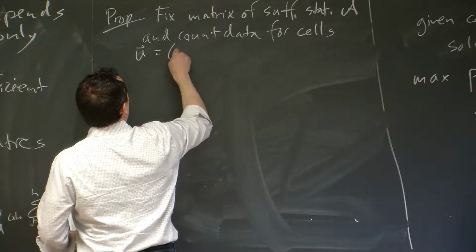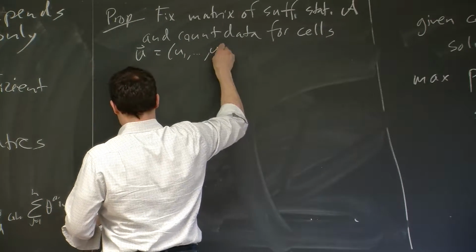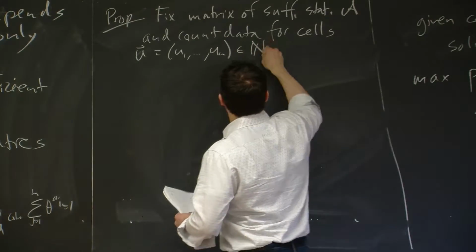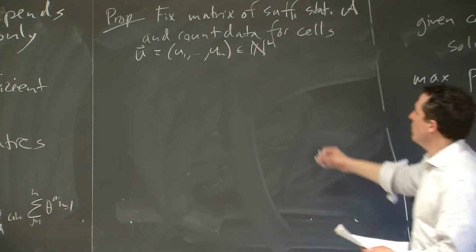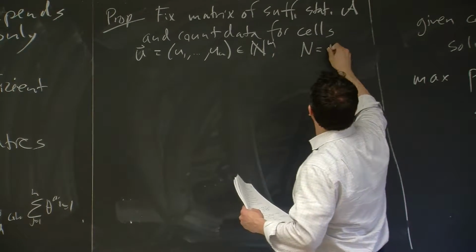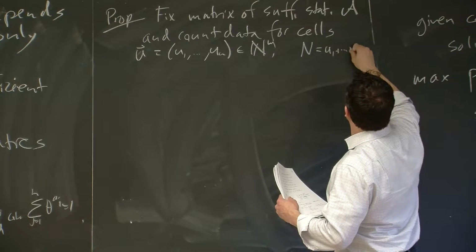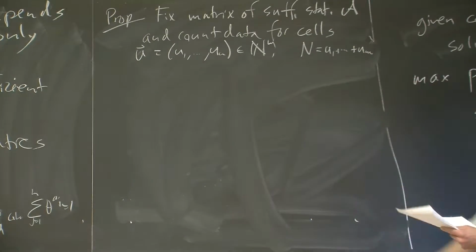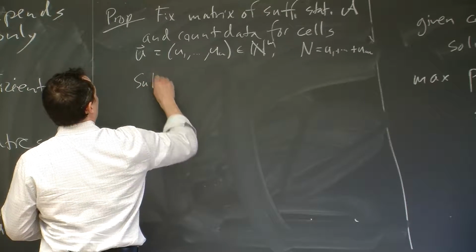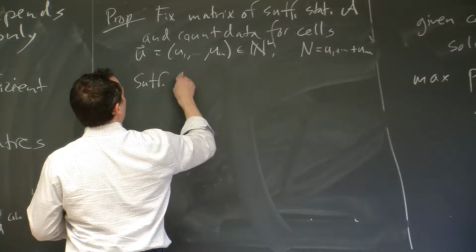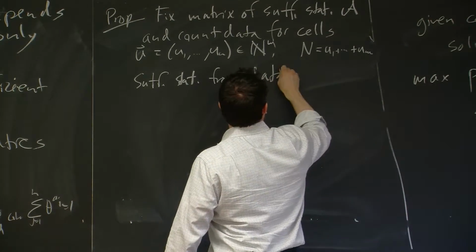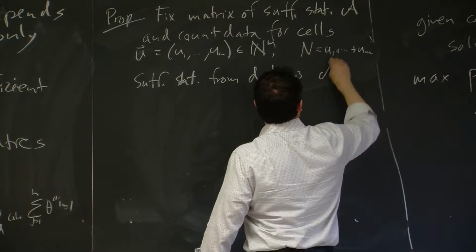u_1 up to u_M. These are counts. And so our sample size, we'll call it big N, is u_1 plus up to u_M. Okay. The sufficient statistic of the data is A u.